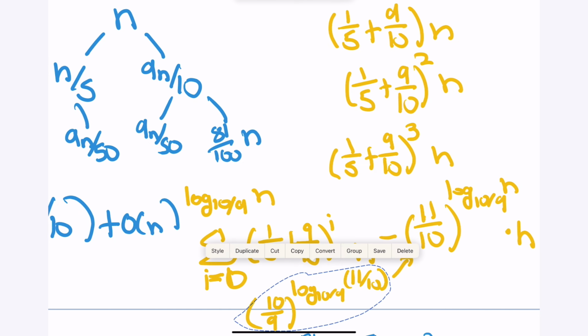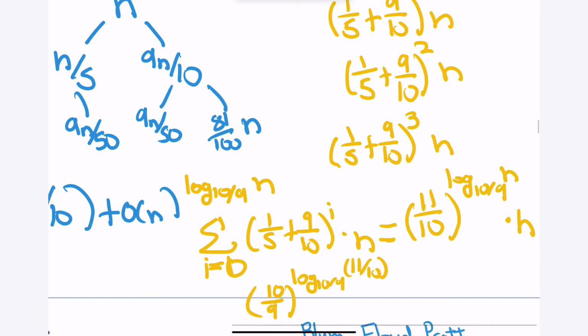Okay, let me erase this. So, this is just the rule of logarithms, right? I'm replacing 11 over 10 with 10 over 9 to the log base 10 over 9 of 11/10. And then we still have this log base 10 over 9 of n here, right? Now, here we're just multiplying two terms, and you can always switch the order.